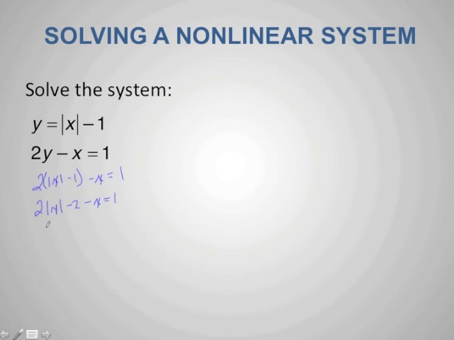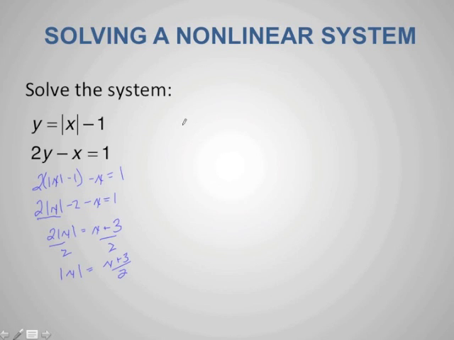I want to isolate the absolute value. So I want to keep this on one side. 2 absolute value of x equals x plus 3, and then I only want one of those. So the absolute value of x equals (x plus 3) over 2.